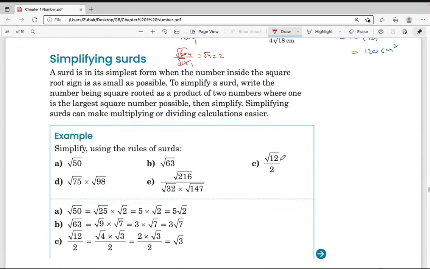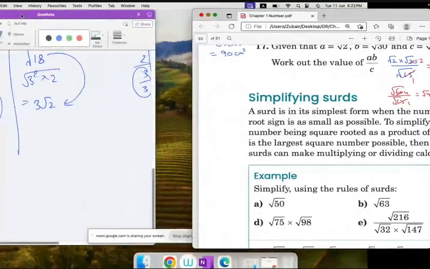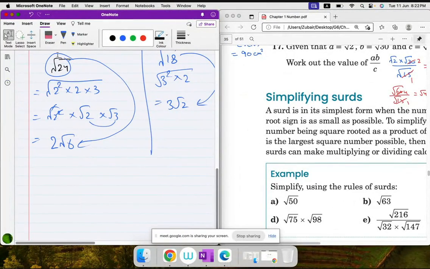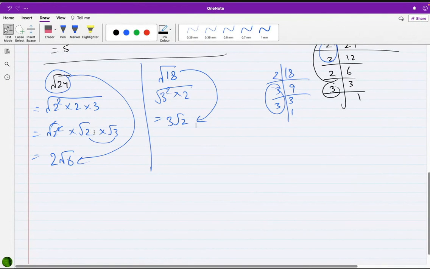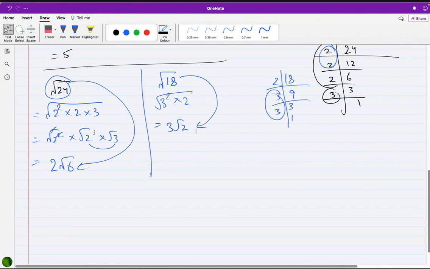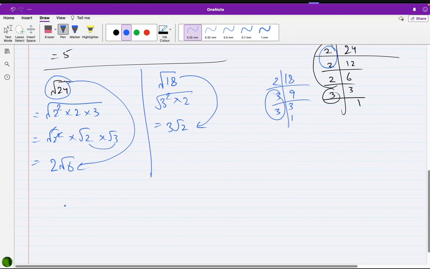Now simplifying surds, like square root 24 and square root 18. We need to split them, write them as product of prime numbers, and then bring the ones with pairs outside. We can also do this with cube root, but in that case, we need to write them in sets of threes.